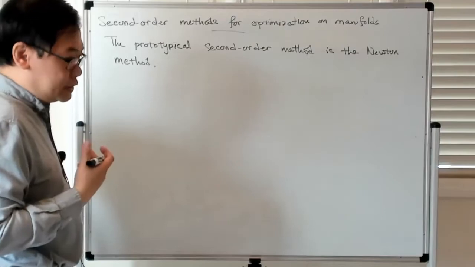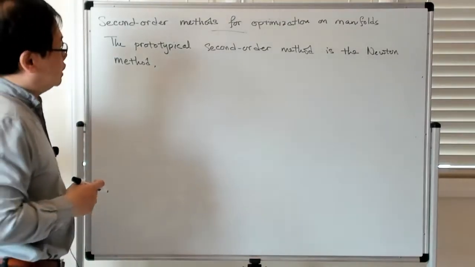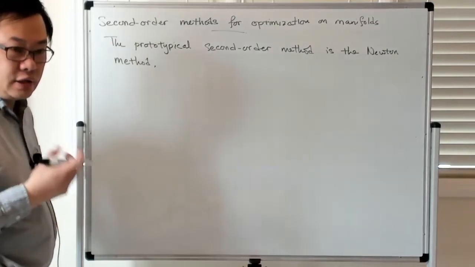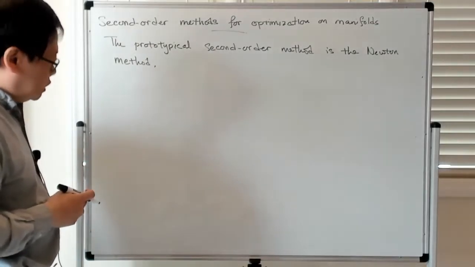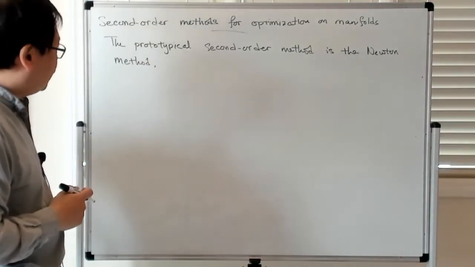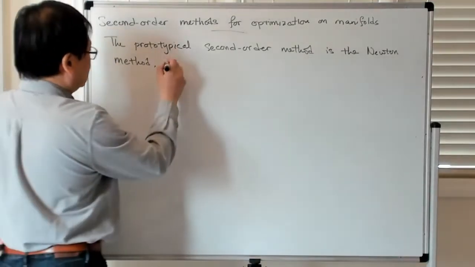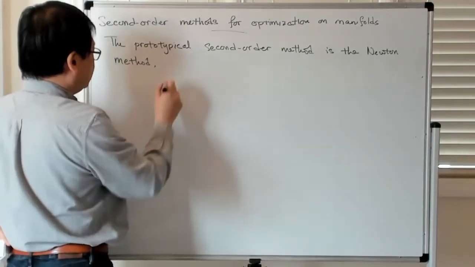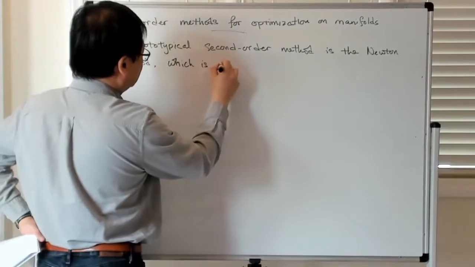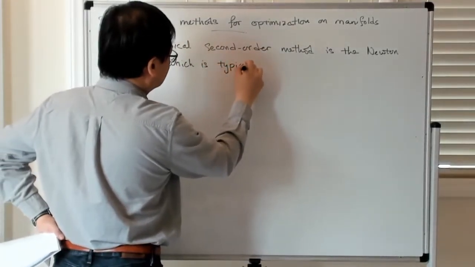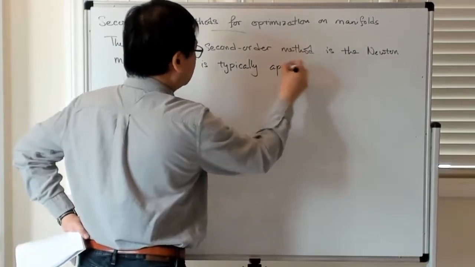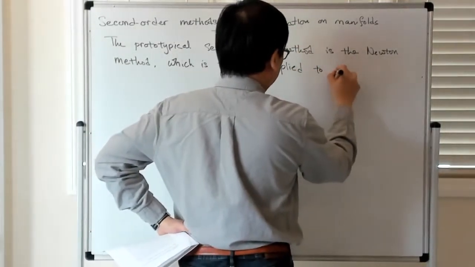In the context of optimization, what happens is that you want to look for points at which the gradient of the cost function vanishes. So this is the Newton method, which is typically applied to nonlinear root finding.